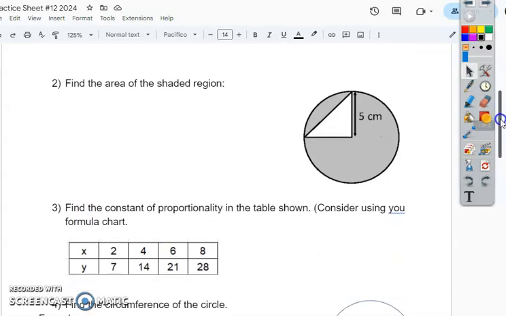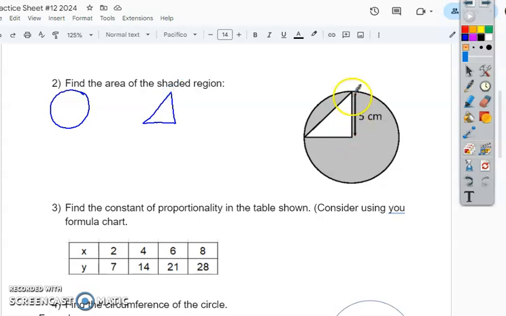Number 2, find the area of the shaded region. So we had a question kind of like this for a bonus problem, okay, which is area of a shaded region. So we have 2 shapes that I see, right? I see a circle and I see a triangle. And we're going to know that this is an equilateral triangle. How do I know that?